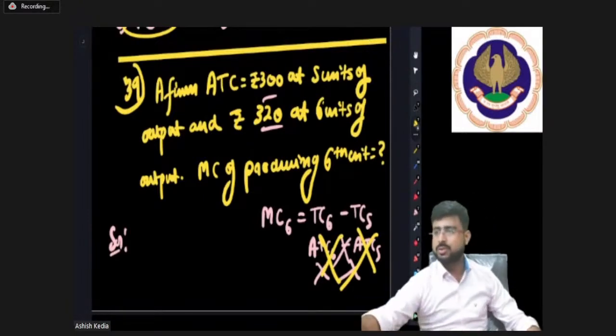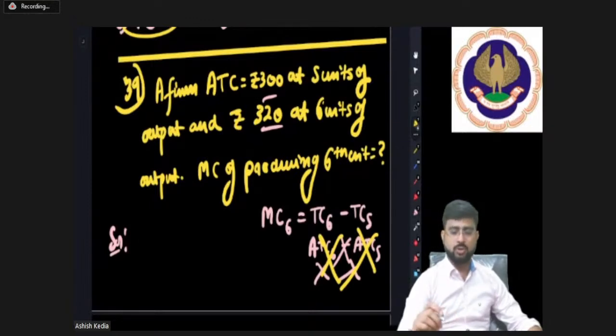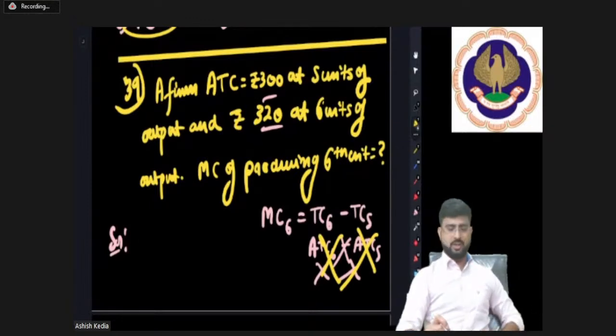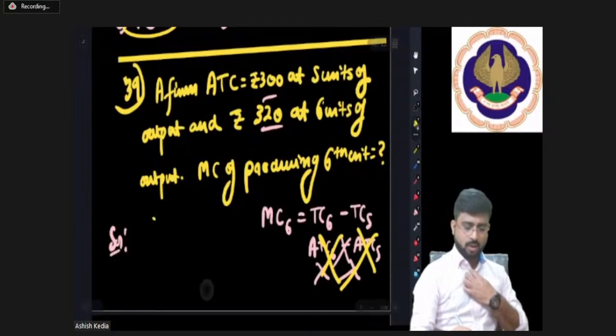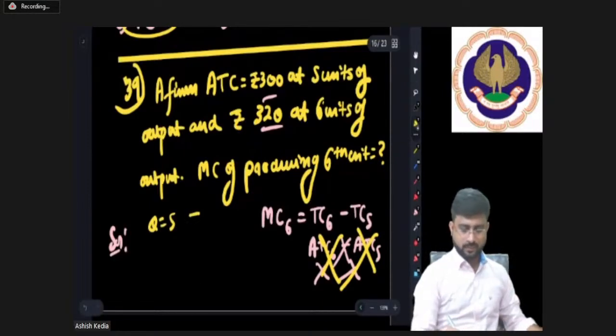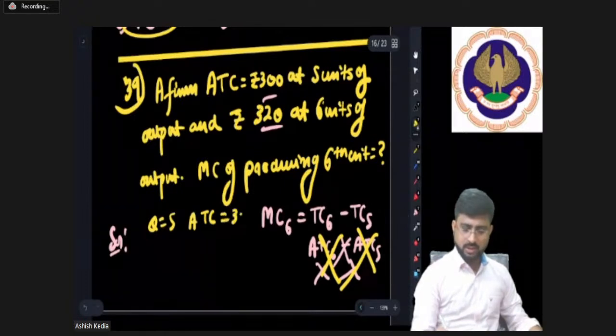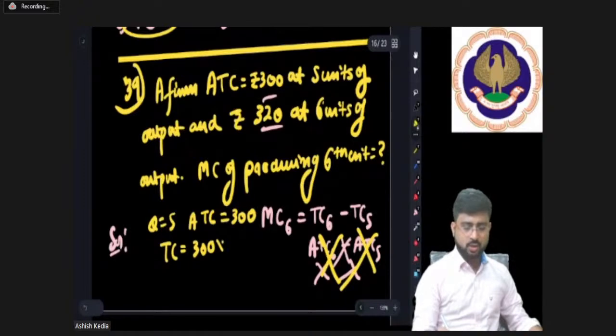Oh, is that so, sir? Yes, that is so. So, sir, you tell us how you go about it. See, quantity is 5, average total cost is 300. So, what is total cost? 300 into 5 equals 1500.